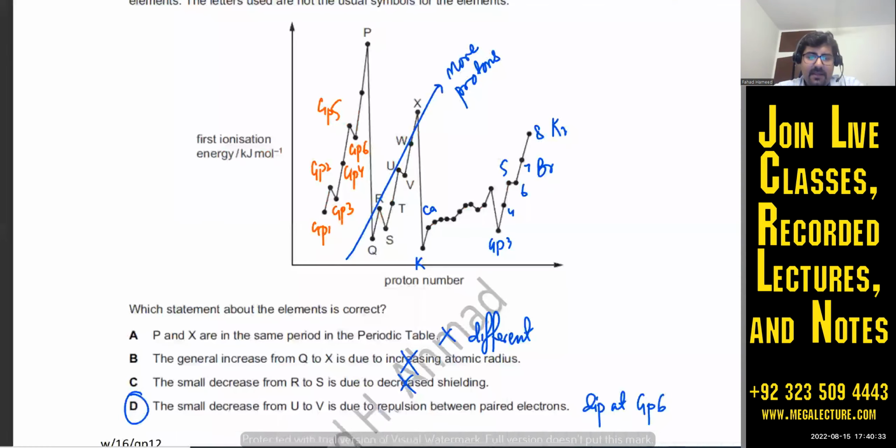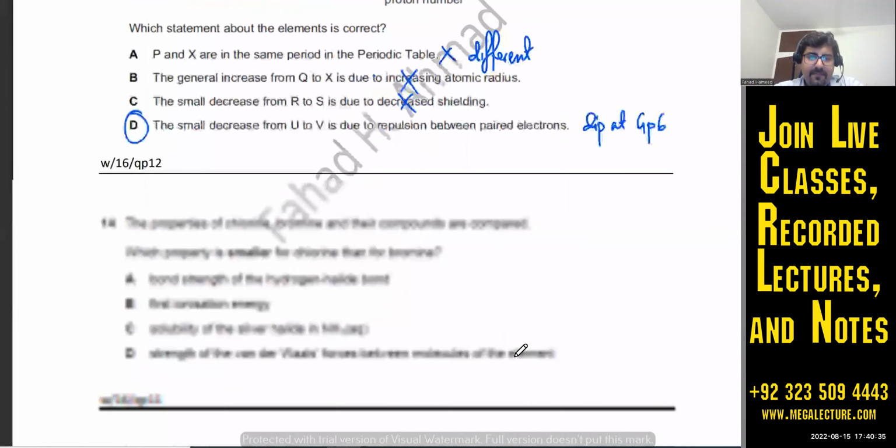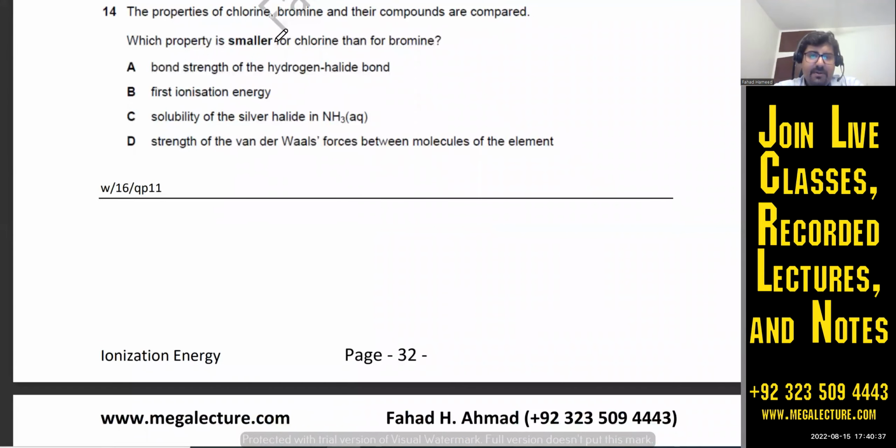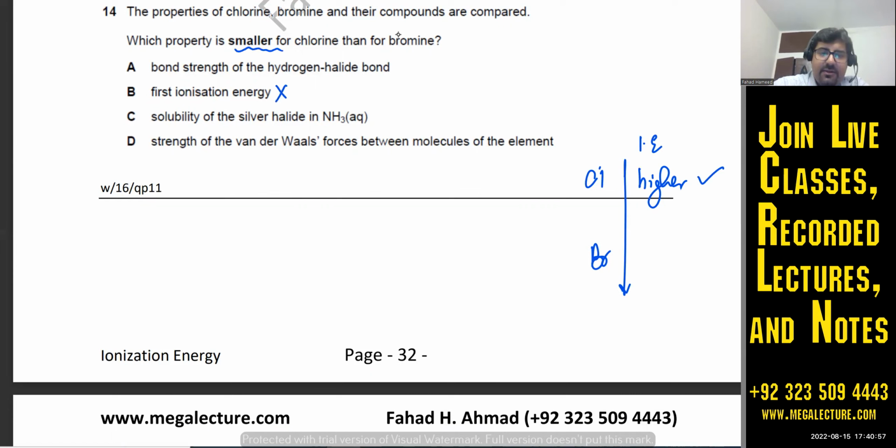अच्छा, which property is smaller for chlorine than for bromine? Now you go down the group from Cl to bromine, right? तो smaller for chlorine, ionization energy जो होगी ना वो तो इसकी higher होगी. The smaller one is going to have a higher ionization energy. So he's looking for what should be smaller for chlorine.